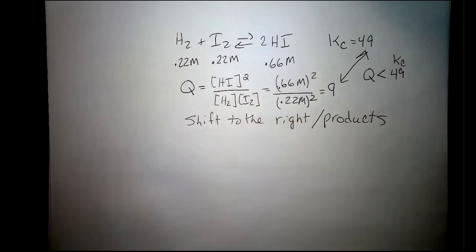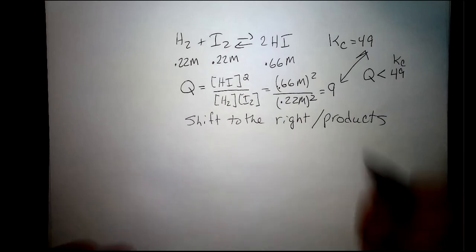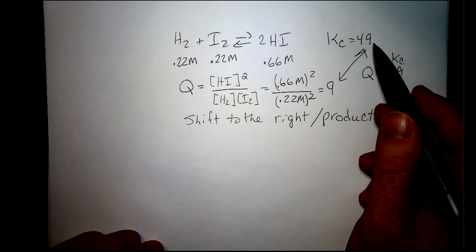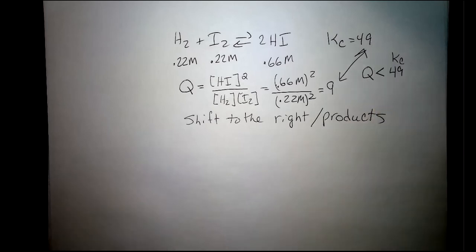And so that would predict the shifting in this particular case. Since Q is less than Kc, we predict producing more products and consuming reactants. And that will happen until the Kc and the Q are the same thing, at which point we'll say we're at equilibrium and the reaction would stop changing concentrations.